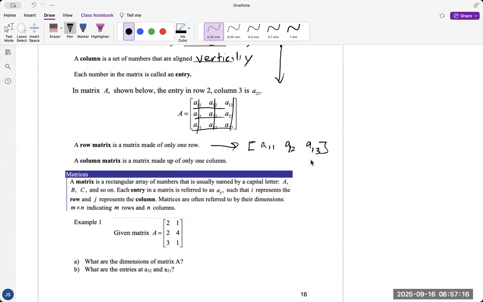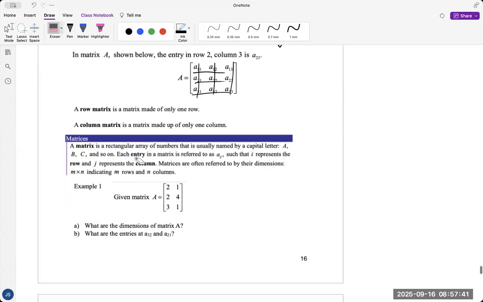And then a column matrix is the same thing, but made of a single column. So it'll be A1,1, A2,1, A3,1. There you go. Let me make sure I have the right notation. Okay, it looks good.